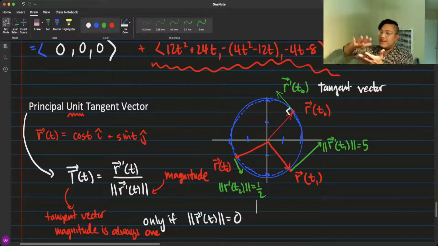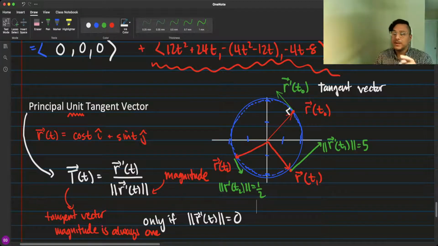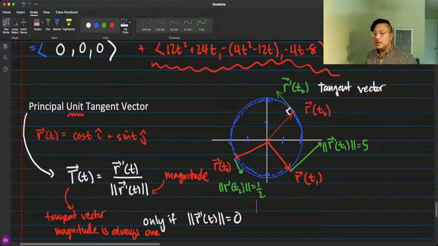At some places the magnitude may be very large, and at some places very small. The principal unit tangent vector is nice because the magnitude always ends up being 1, so you don't have to worry about what the magnitude is. For a variety of reasons, this ends up being useful.